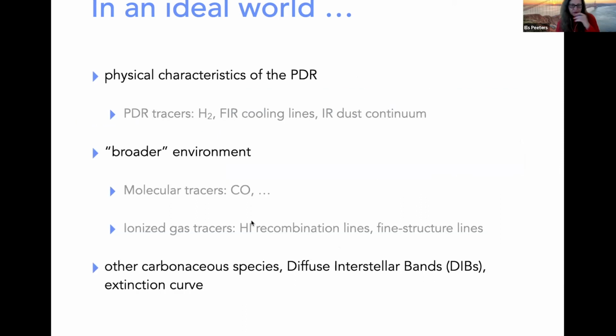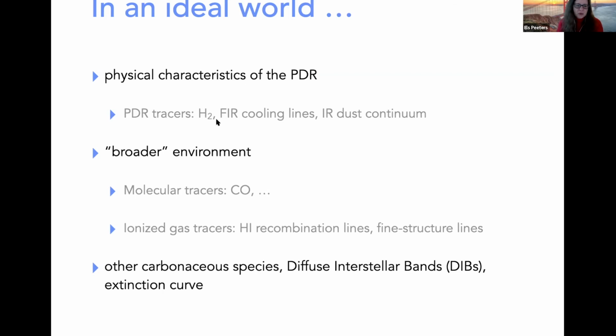Now, of course, as we heard before in many of the talks earlier this week, for the interpretation of infrared observations, it's very useful if you also have information from other wavelengths. In this particular case, it really helps if you have the physical characteristics of the PDR. I'm talking about density, temperature, and radiation field.